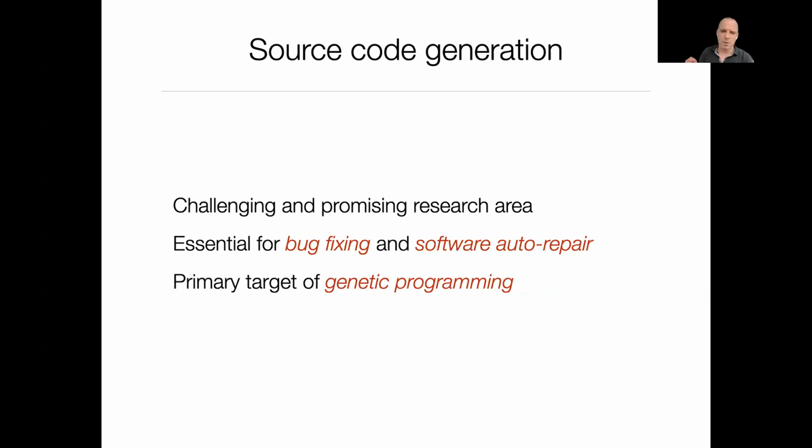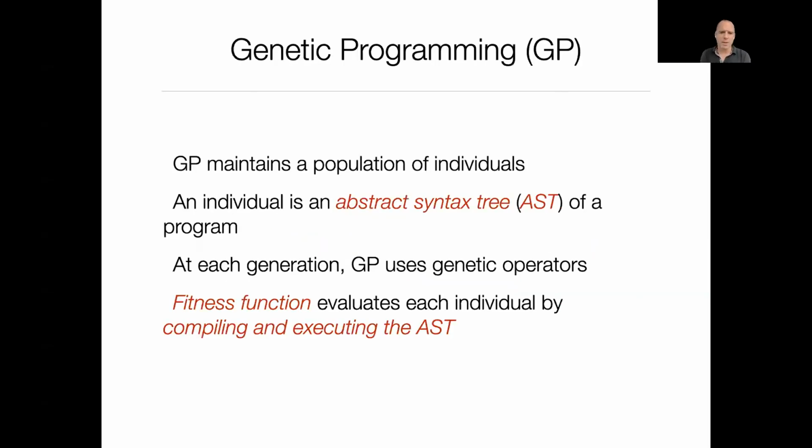So we'll focus a bit on genetic programming now. Genetic programming maintains a population of individuals, and each individual is a program. This program is expressed using a tree, which is called the abstract syntax tree. At each generation, genetic programming evolves individuals in order to create better, more fit individuals.